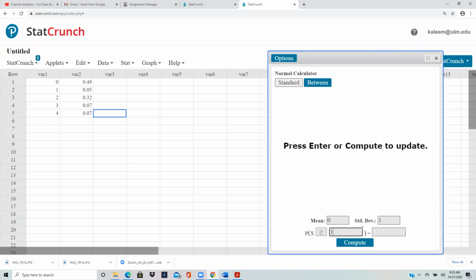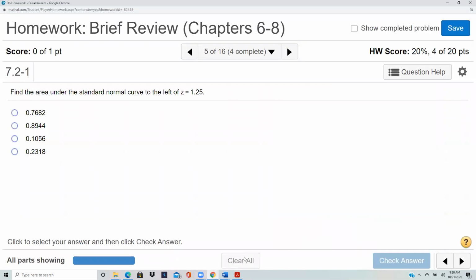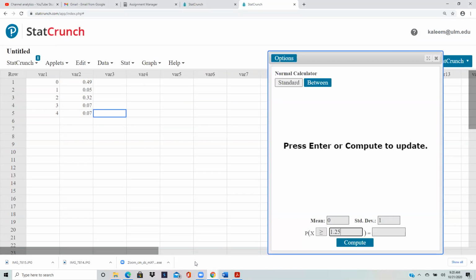And is it to the right or to the left? Area to the left, right? To the left. So which one do we pick? Is this one the area to the left?